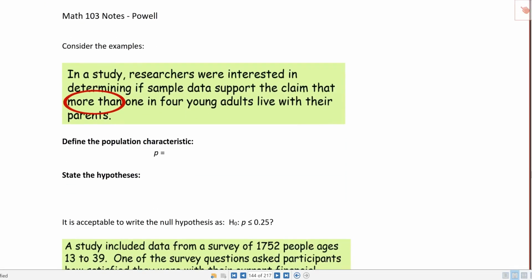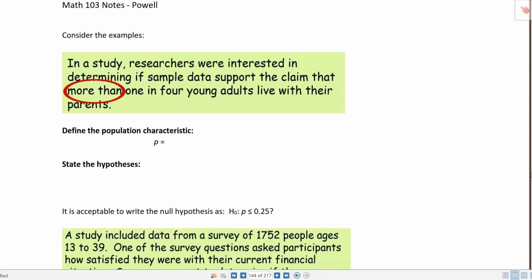Okay. So consider this example in a study. Researchers were interested in determining if sample data supported the claim that more than 1 in 4 young adults live with their parents.